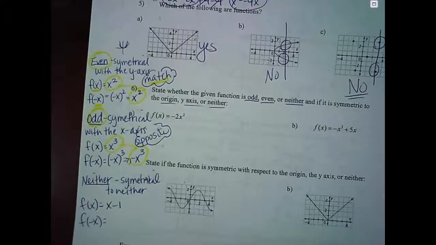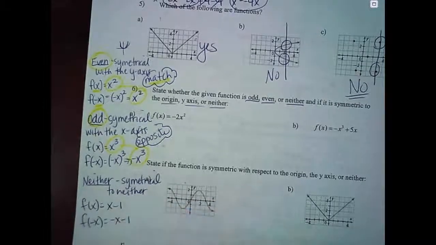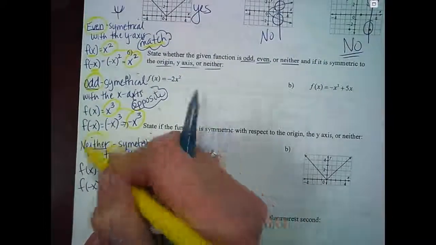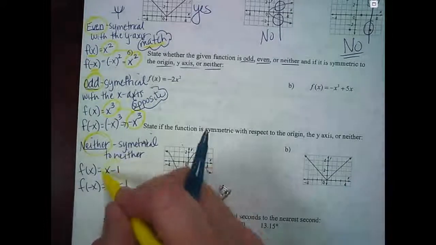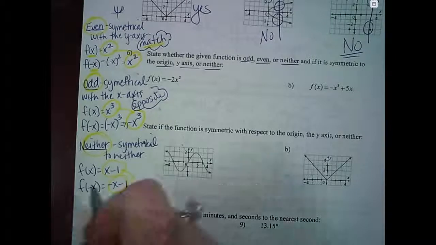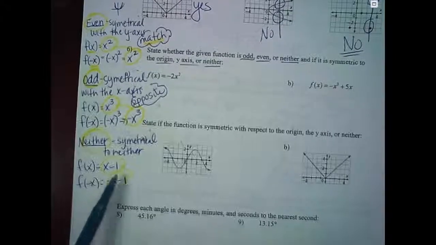They all have to be opposite to be odd. They all have to be the same to be even. Look, if I plug in negative x for x, I'm going to get this. And what happens when you compare them? One's opposite and one's the same, right? See, these are opposite and these are the same sign.